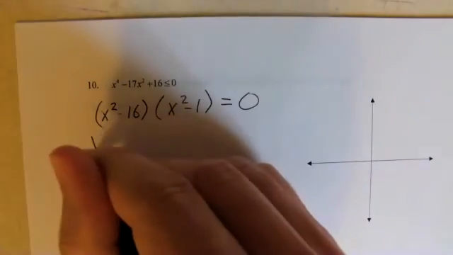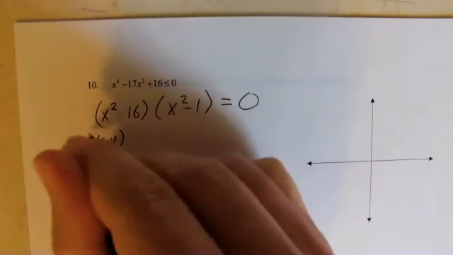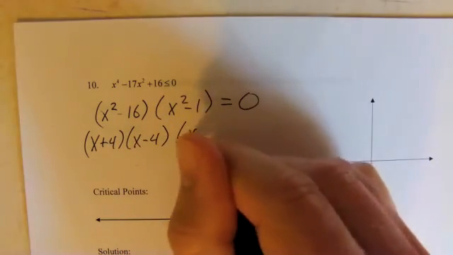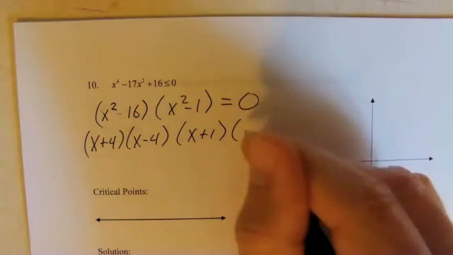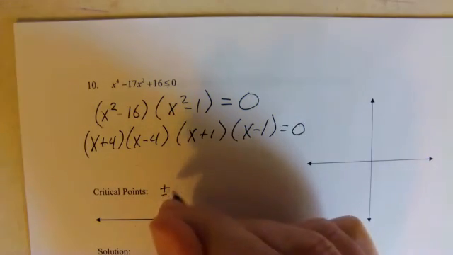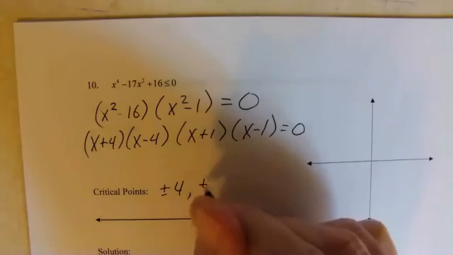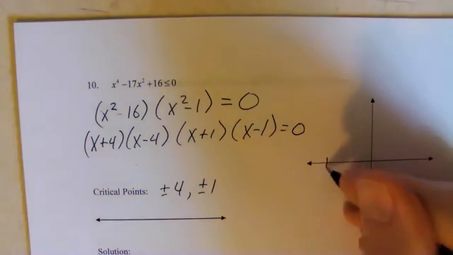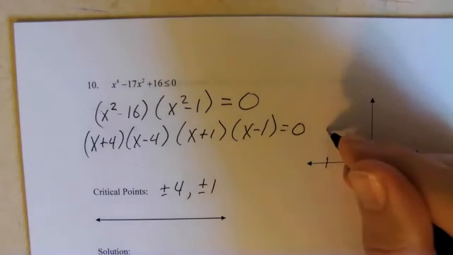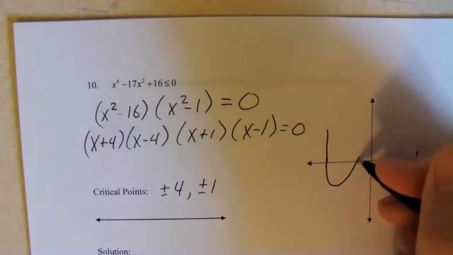Just doing it like that. x plus 4, x minus 4, x plus 1, x minus 1 equals 0, plus or minus 4, also plus or minus 1.